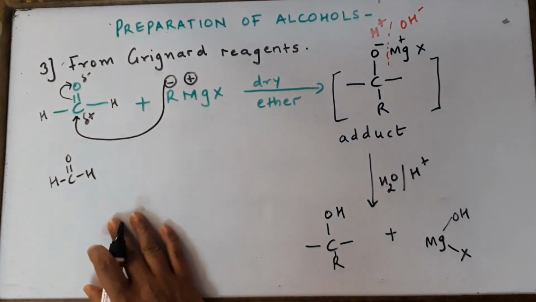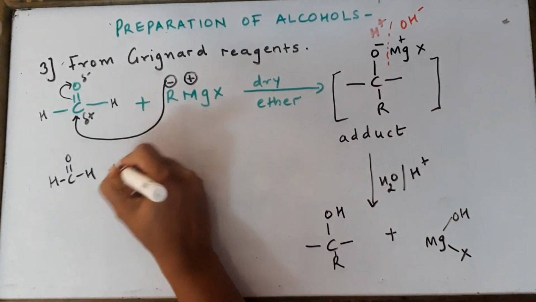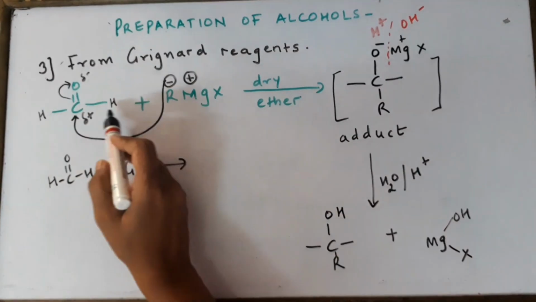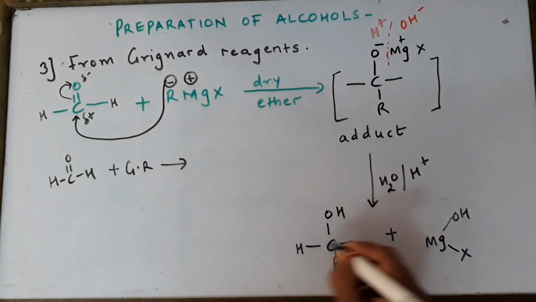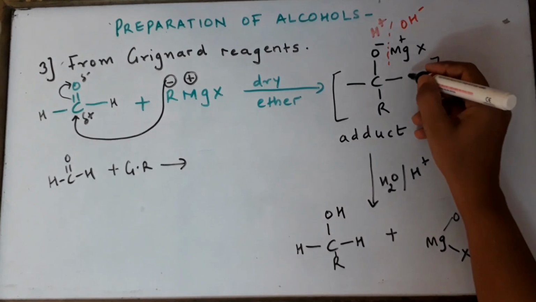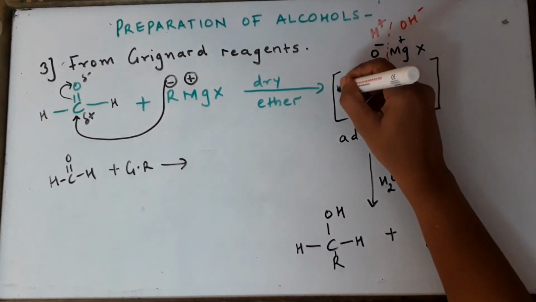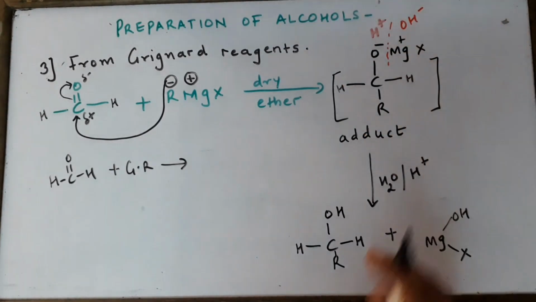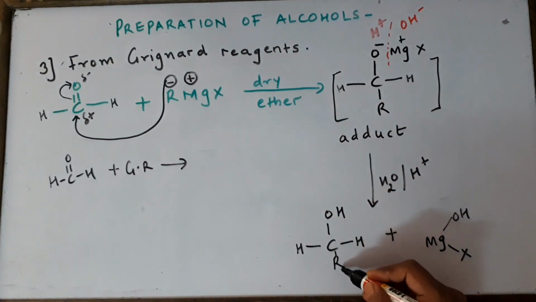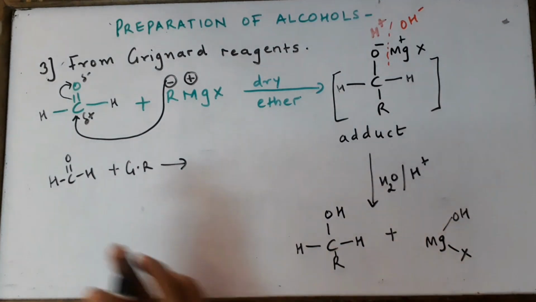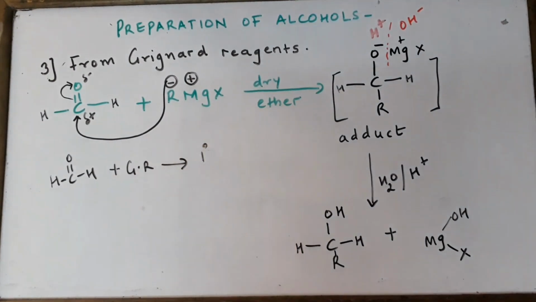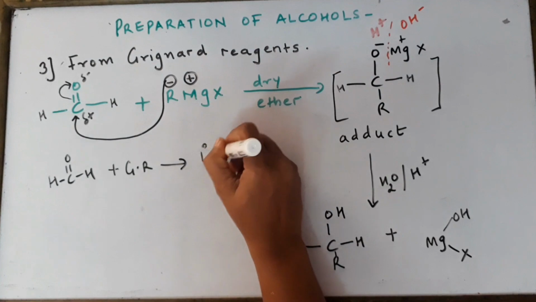So if we take formaldehyde and react it with a suitable Grignard reagent, what product do we get? Since we have attached two hydrogens there, you can imagine that the product will also have hydrogen atoms in the end. The adduct will also have hydrogen atoms on the terminals. So what product is this? If you see, the carbon atom is a primary carbon atom because it is attached to one carbon atom.